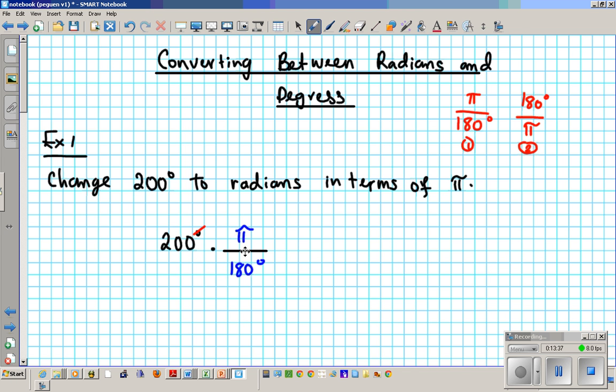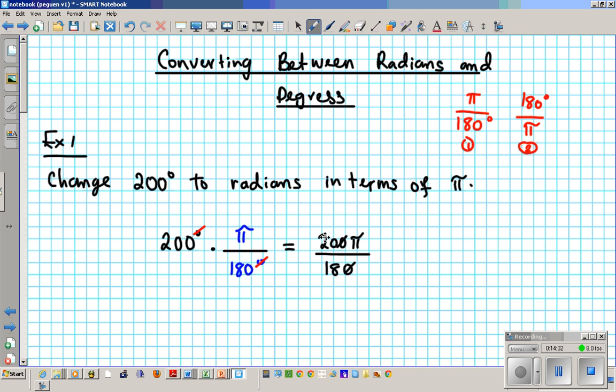Okay, so this degree and this degree cancel, and then we can multiply it across. So it becomes 200 pi over 180. The zeros can be cancelled out as a result of dividing by 10. What goes into 20? The biggest number that goes into 20 and 18 is 2.